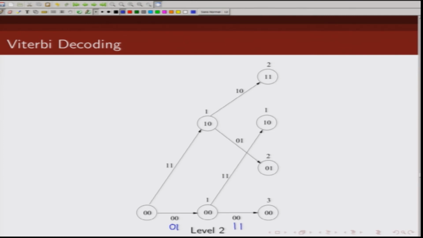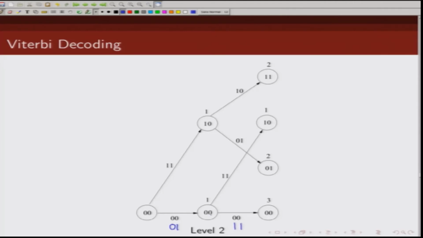Now, remember, for a binary symmetric channel, the maximum likelihood decoder finds the Hamming distance between the receive sequence and the code sequence, and it will choose a path which minimizes the Hamming distance between the receive sequence R and code word V. So, let us look at this path from 0 0 to 0 0.